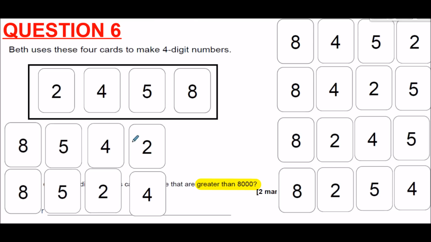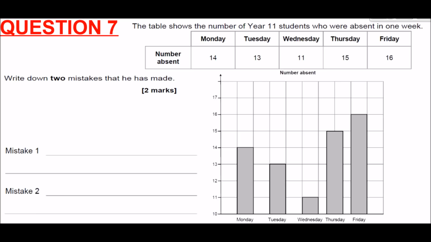This is the first number which is bigger than 8,000, and the second, third, fourth, fifth, and sixth. So there's actually 6 numbers she could make that are bigger than 8,000 using those 4 cards. So the answer to this one is 6 numbers.